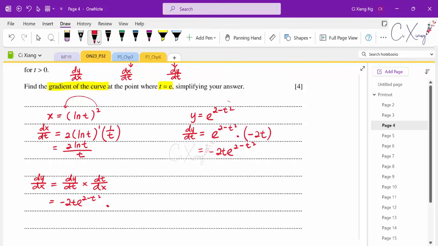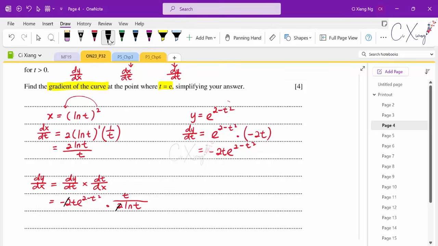Then dt dx, I'm having dx dt in this fraction, so dt dx means you have to make it upside down. So I'm having t on top divided by 2 ln t at the bottom. Then we slowly simplify them. I'm having 2 and 2 can be simplified. Then I don't think there is anything else I can further simplify.